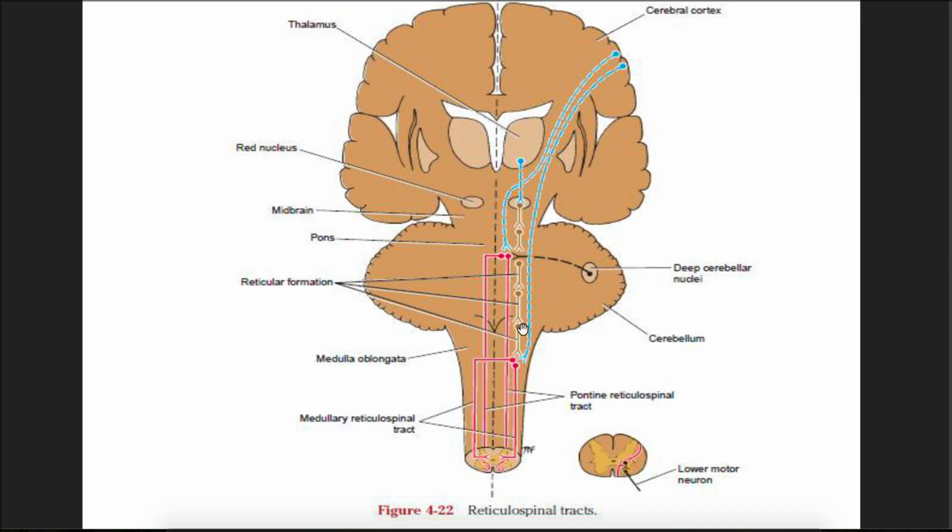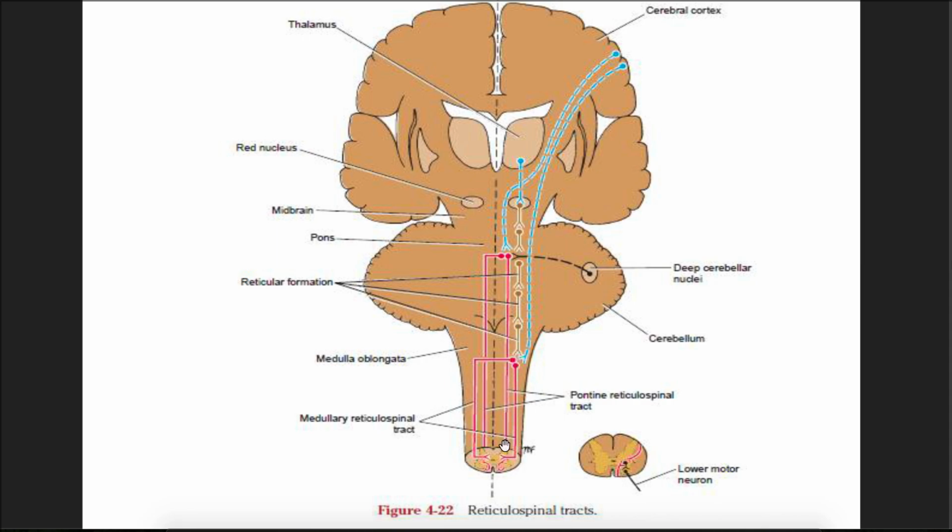In the medulla oblongata, some of these fibers coming from reticular formation will cross and they'll go down. We will call them medullary reticulospinal tract. Okay. And some of them will not cross and they will come down as pontine reticulospinal.